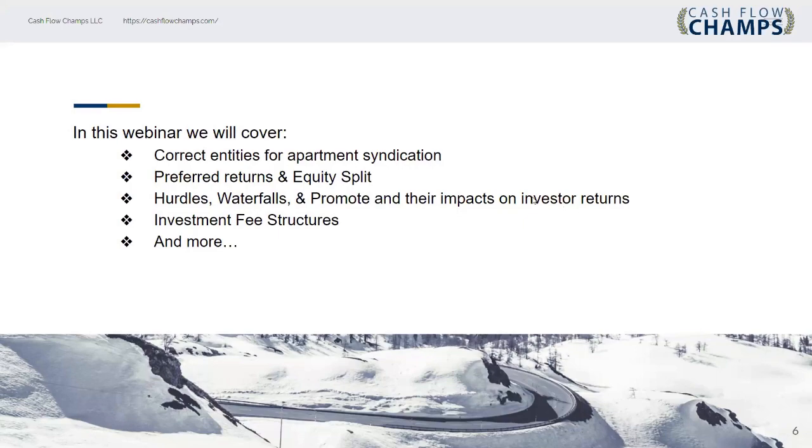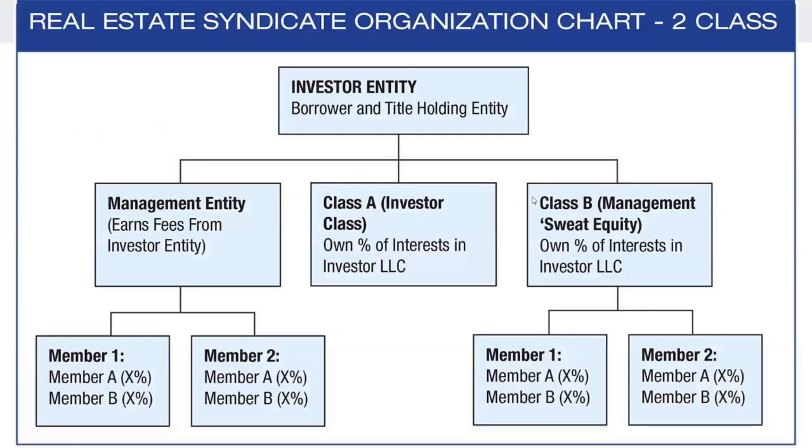So if we take a look at this here, you'll see that normally you have the investor entity, and that's the one we talk about, which is the borrower or the title holding entity. That is the entity that actually holds the property and holds title to the property. Then you will have an LLC, in this case, Class A, which is your investor LLC.